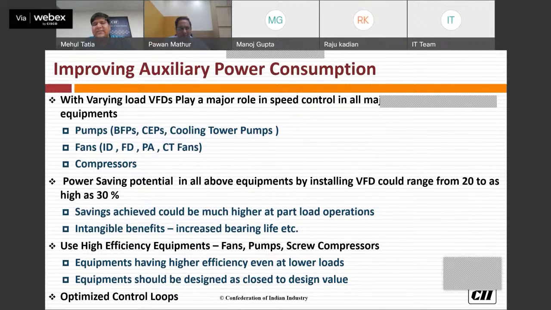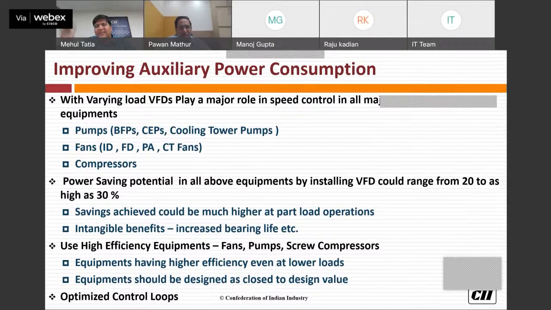They are playing a very big role. Next is utilization of high efficiency equipment. Our chair, Pawan Mathur sir, in his opening address talked about BFP retrofitting. That is something you can definitely move into when you are talking about high efficiency equipments. One big problem we have observed with BFPs is that they are designed at 1.5 times the drum pressure.